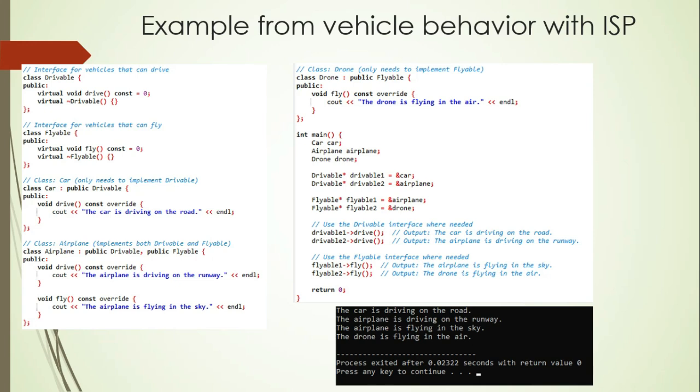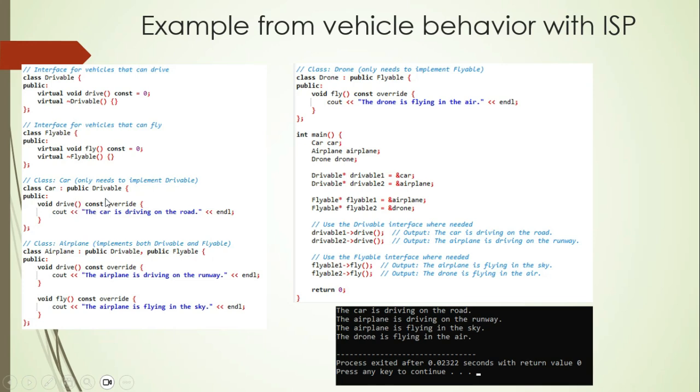The first derived class is the Car class. You can see here we have the class Car, which is inherited from the Drivable class, and we have taken void drive. Here the method defines only the behavior, but the concrete and detailed implementation of this method is in the derived class.